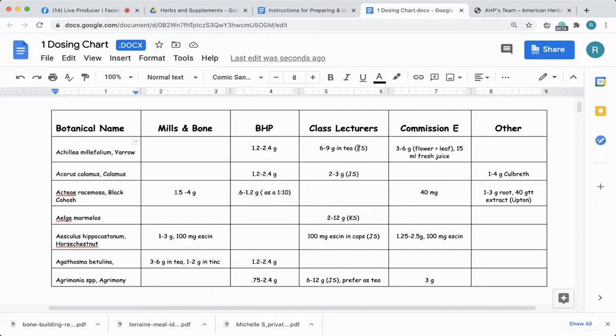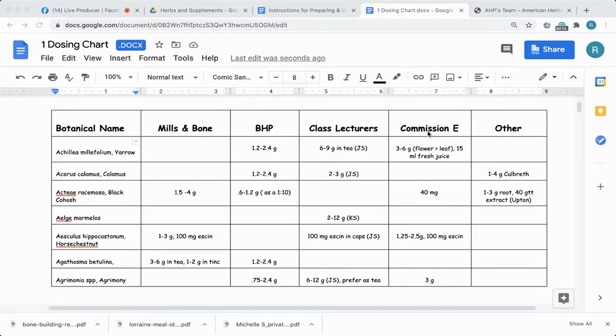But according to JS, who happens to be James Snow, 6 to 9 grams would be used in tea. The BHP is the British Herbal Pharmacopoeia, which is a standard and classic text. It's the National Pharmacopoeia of the United Kingdom. It's annually published, and it basically gives quality standards and dosing standards based on research.